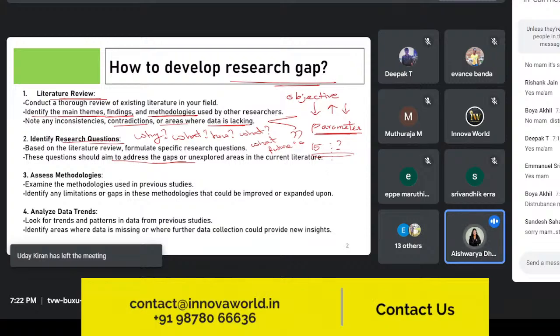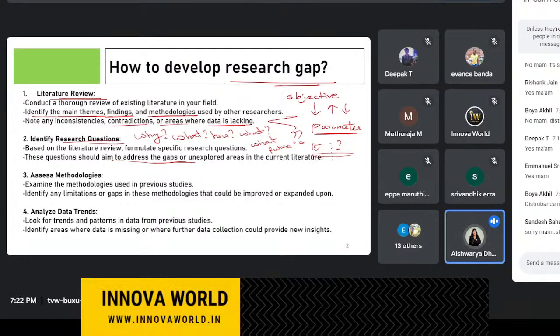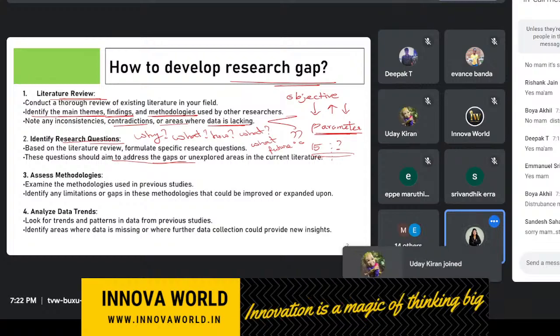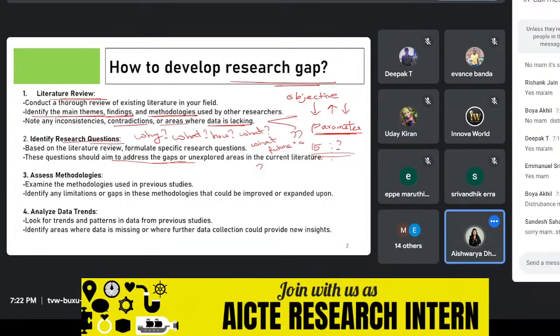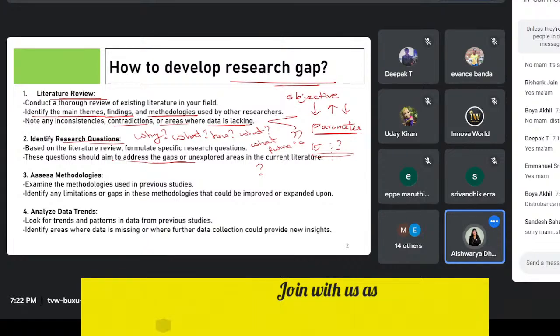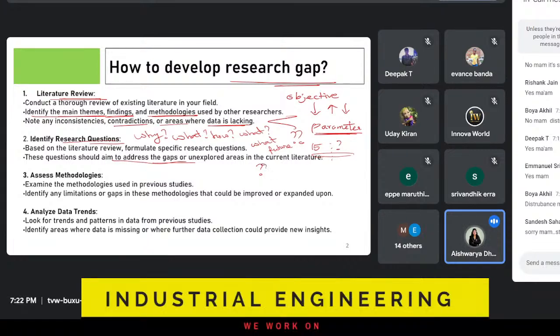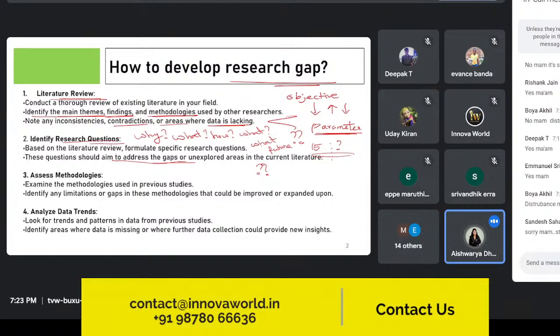Each one of you is working on parameters, whether you're working on lung cancer, drones, wing, aircraft, or any other sector. So why those particular parameters? That is a big question. You should have the answer for it. Why only those particular parameters? And who will give the answer for it?